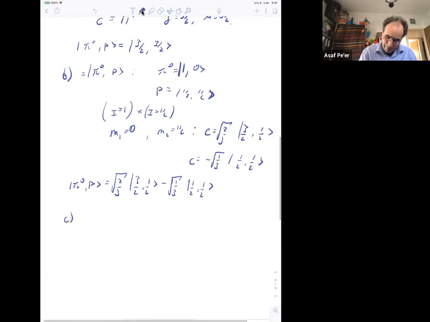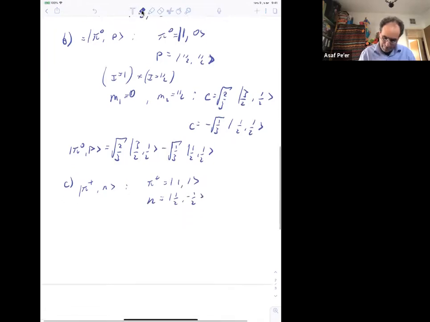Like another example, right? So if you look at the pi plus and the n, right? So we have that the pi plus is 1, 1, n is 1/2 minus 1/2. So again, we have I equal to 1 multiplied by I equal 1/2.